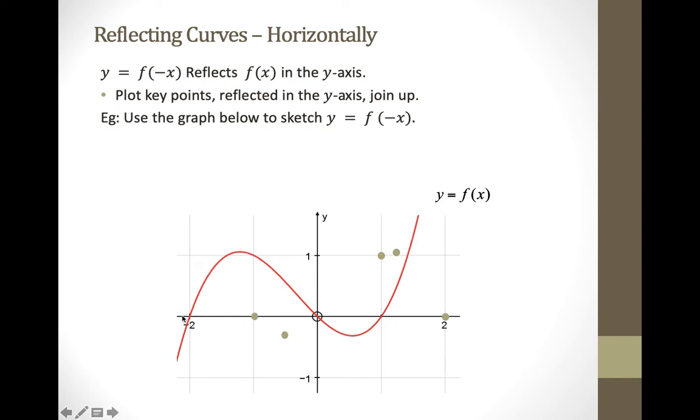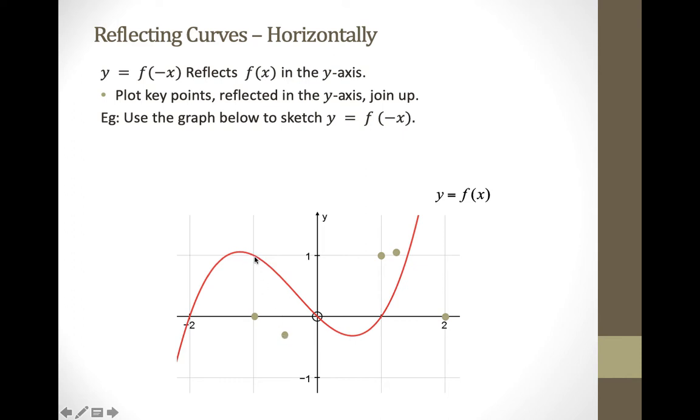The point here, negative 2, 0, will become 2, 0. The point here at 1, 0 will become negative 1, 0. This minimum that looks to be around a half, negative a third, will become negative a half, negative a third.